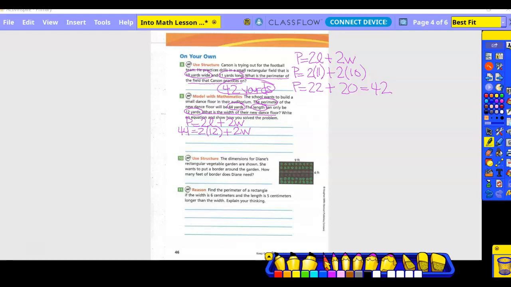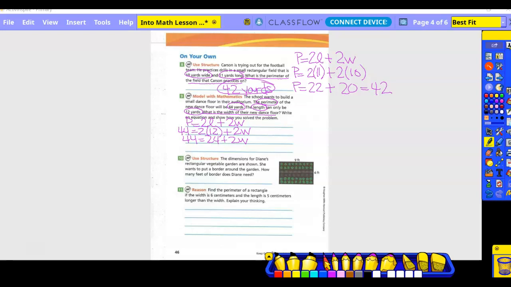Okay, so now 44 equals, what is 2 times 12? 24 plus 2W. So we need to get the 2W by itself. What did we do last time? This is a positive number, so I'm going to do the opposite. What's the opposite of positive?